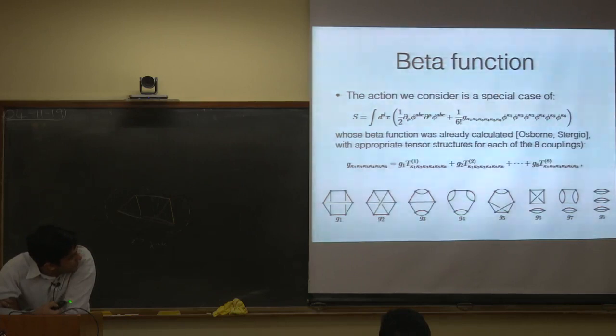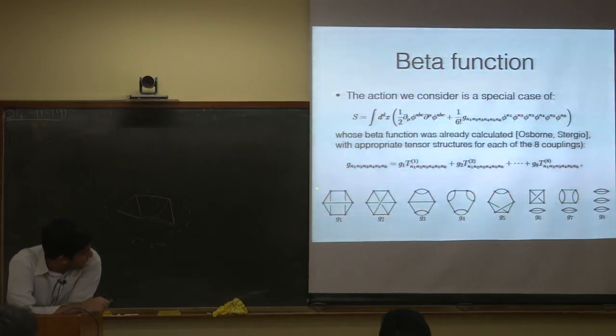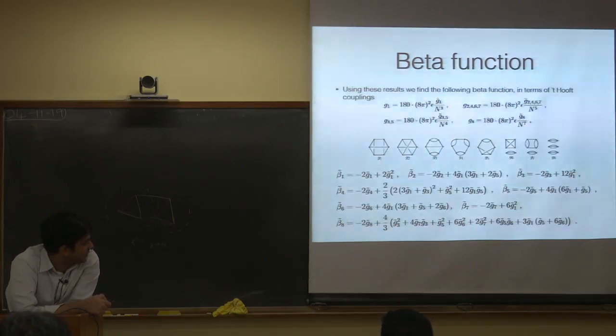Okay, so what we can do is say we take all these 8 couplings. You can calculate the beta function for all these 8, but in 3 minus epsilon dimensions, and it'll be just order epsilon squared, which is like a 3 loop or something.